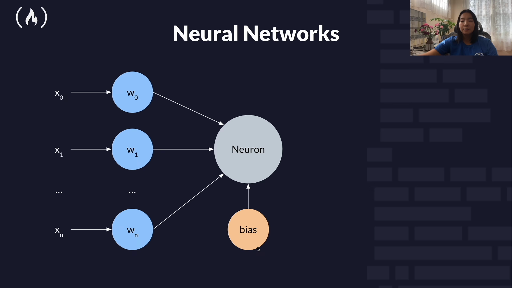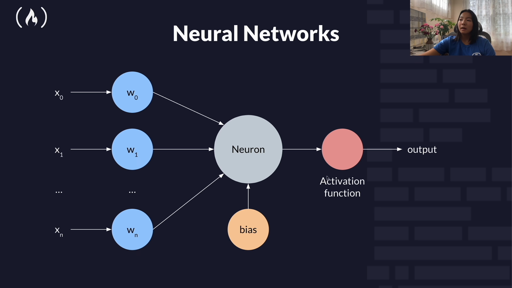But we're gonna add this bias term. And the sum of all of these things goes into something known as an activation function, okay? And then after applying this activation function, we get an output. And this is what a neuron would look like.